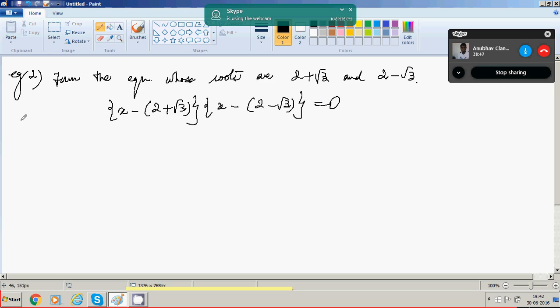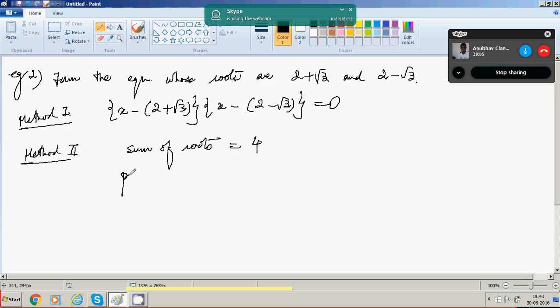This seems a little bit cumbersome. Method 2 is sum of roots equal to 4, product of roots equal to 2 plus root 3 times 2 minus root 3 equal to 1.